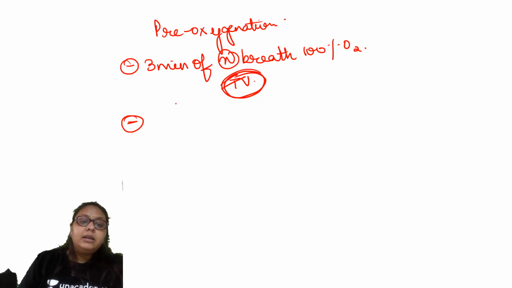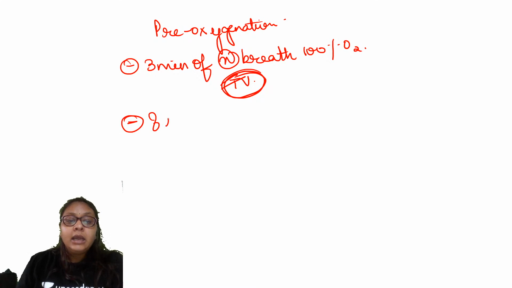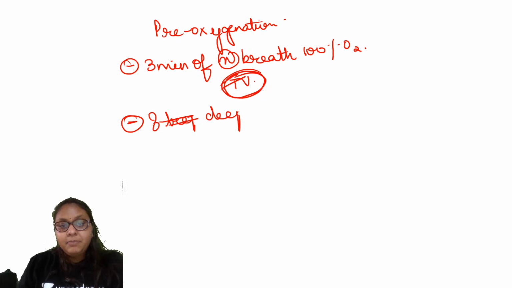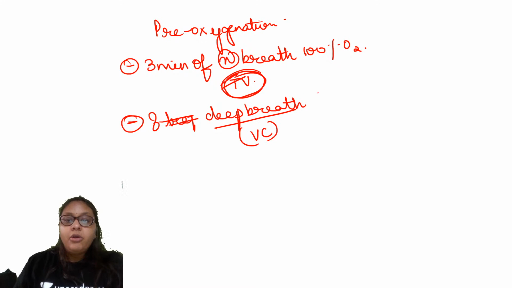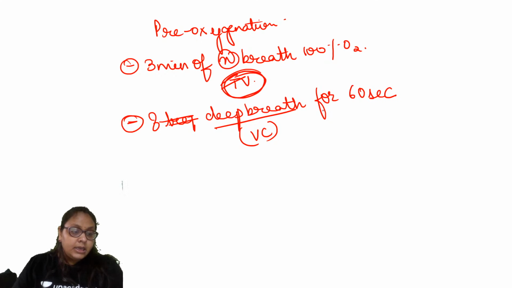The second method is 8 deep breaths, that is vital capacity, for 60 seconds.